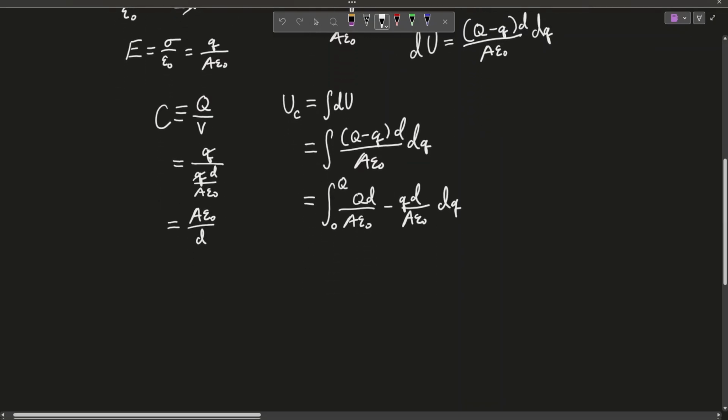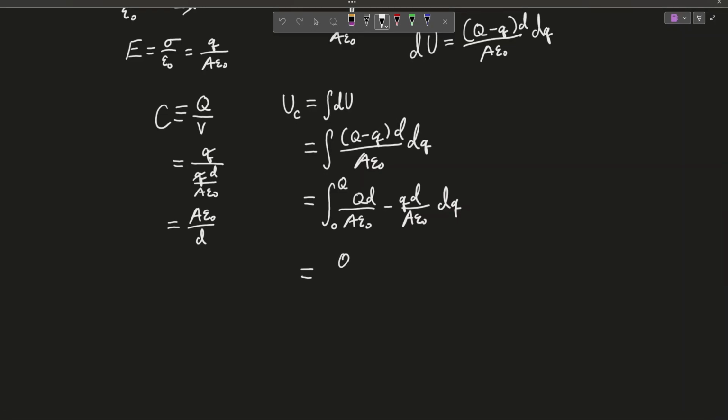So this is going to work out to what? Q squared d over A epsilon naught minus Q squared d over 2A epsilon naught. So then, of course, those are just going to simplify down into Q squared d over 2A epsilon naught.